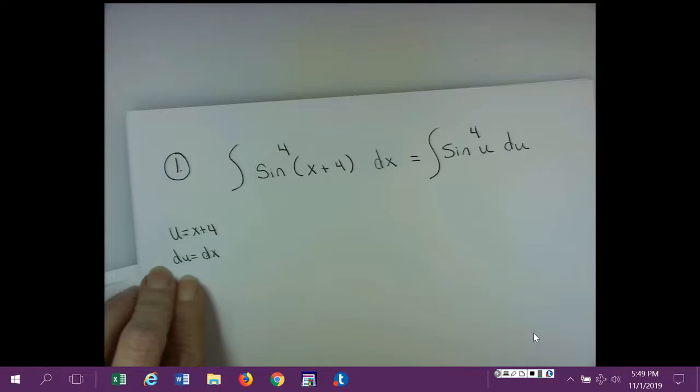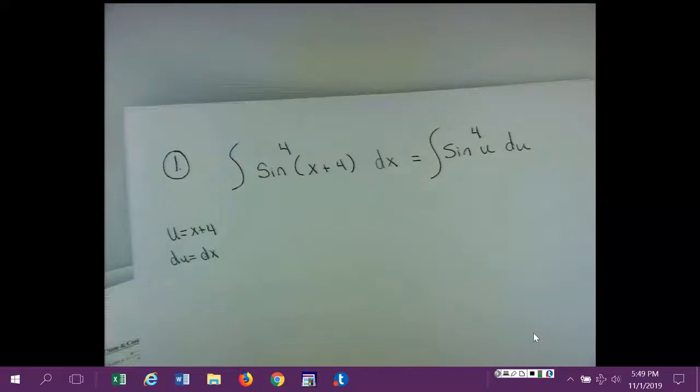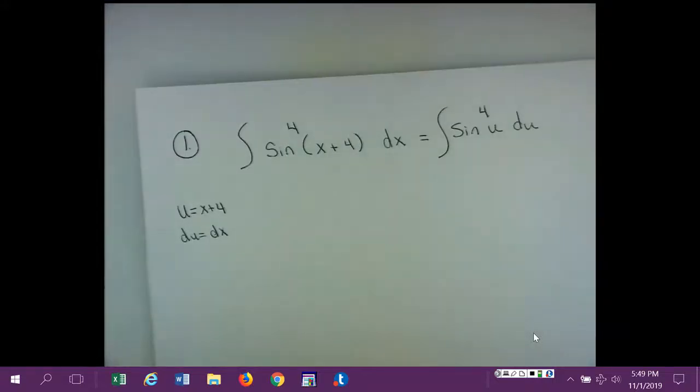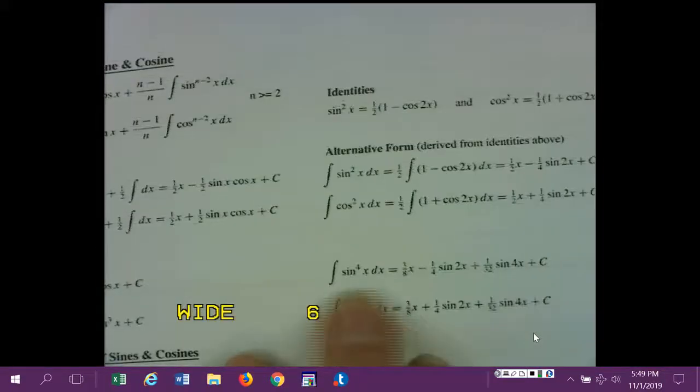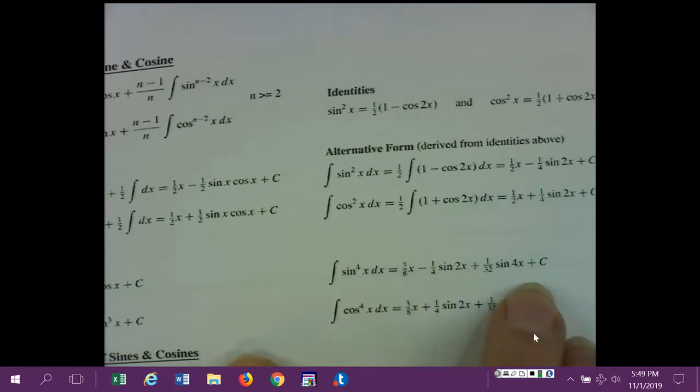Du equals dx. Then you go to your formula sheet and there is already a formula for sine to the 4th power. Now on your test, if I ask you to give me this formula, it's not in terms of u. You will cut and paste glue stick and give me the formula in terms of x.